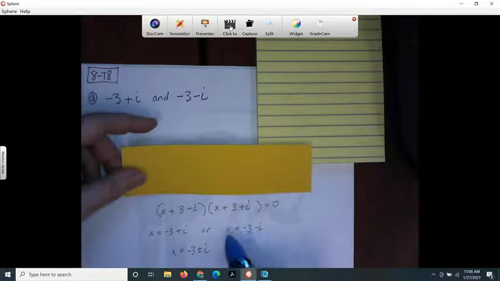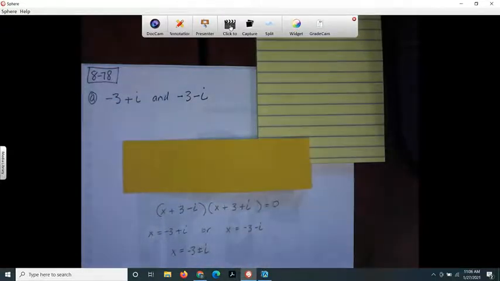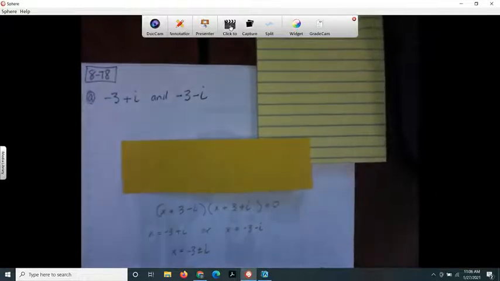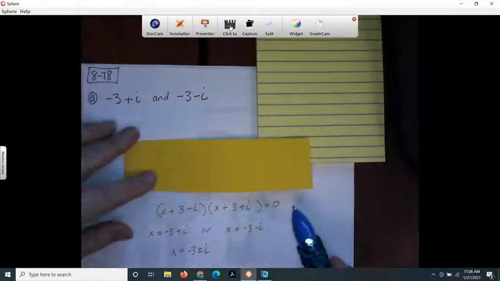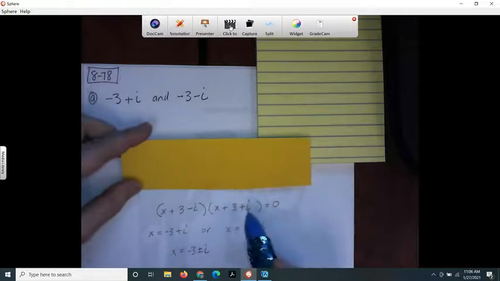If I wanted to get all the numbers on the left-hand side with the x and have them equal 0, I would have x plus 3 plus i, like that. I'm going to focus the camera a little bit. Okay, and then to get the quadratic, I have to multiply this binomial times this binomial.